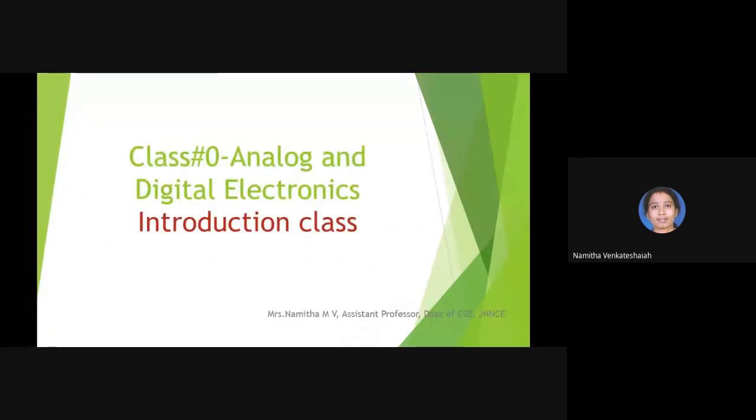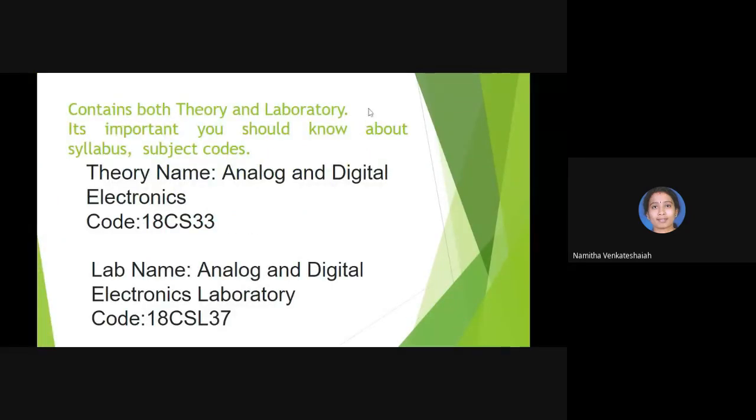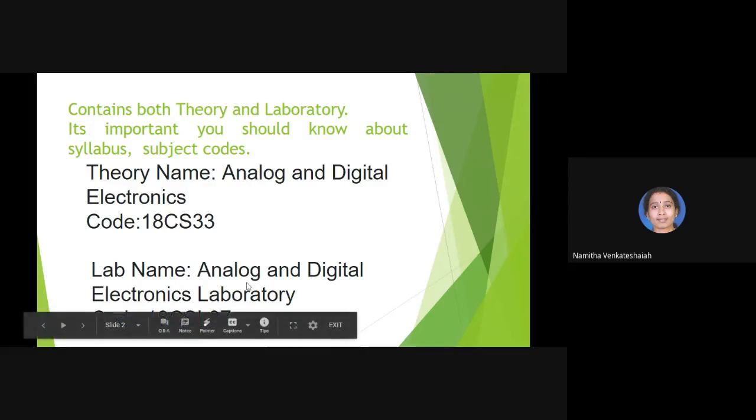So this is the analog and digital electronics introduction class. I just told you the subject code for theory, analog and digital electronics, 18 CS33, and for the analog and digital electronics laboratory, 18 CSL 37 is the subject code.